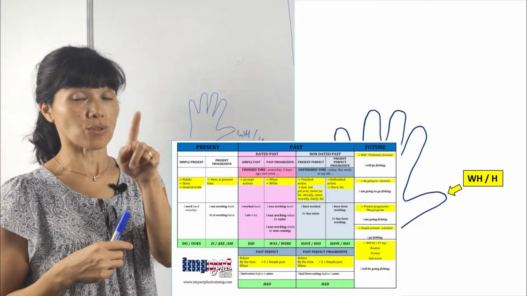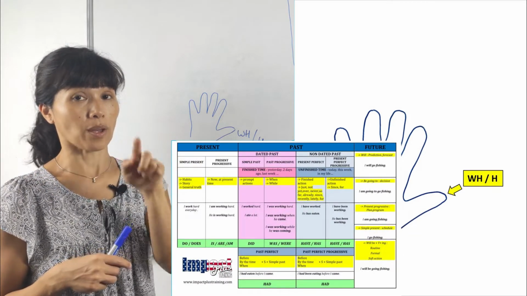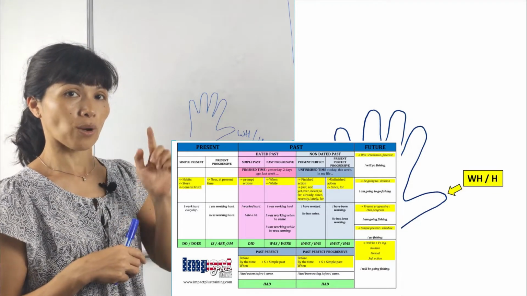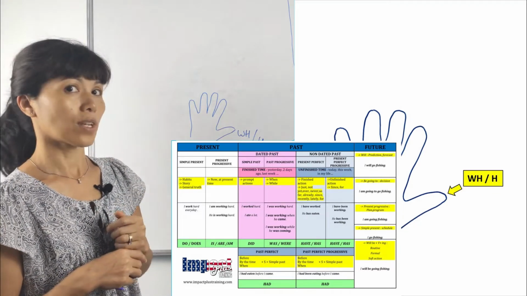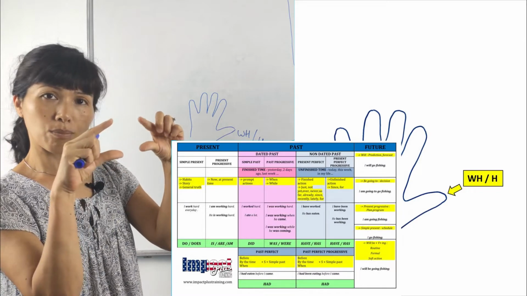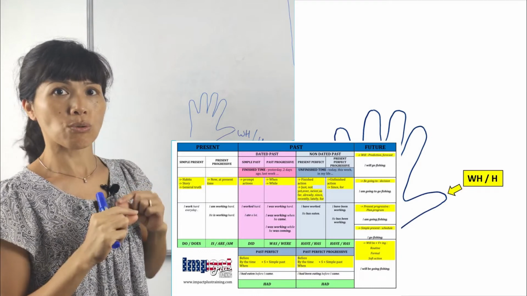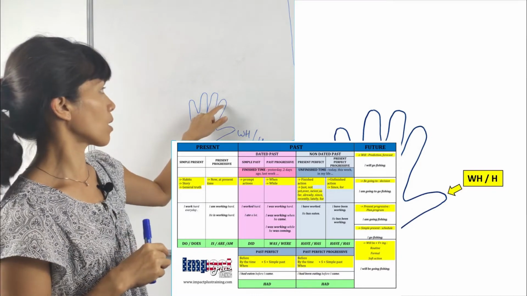So which box are you going to choose? Present, past, or future? And once you have selected the right box, then there is a smaller box that is green, right? So the green box will come here.